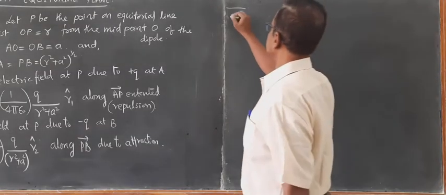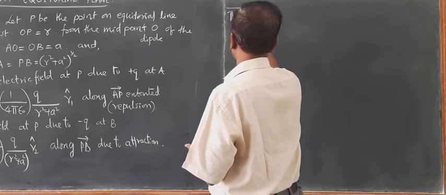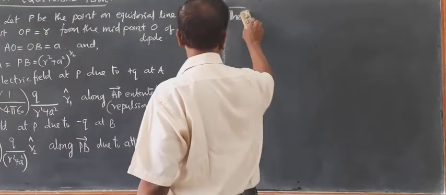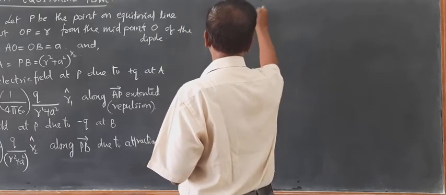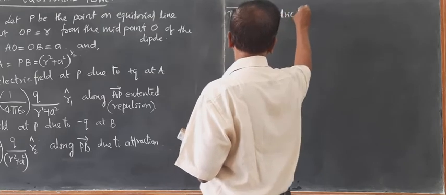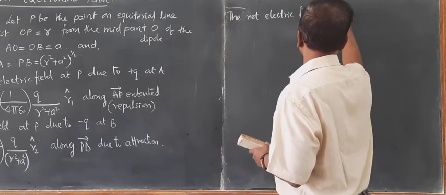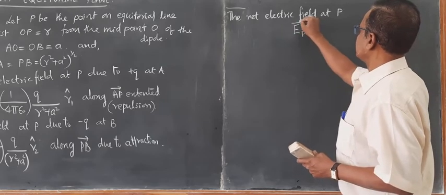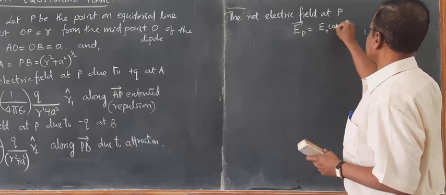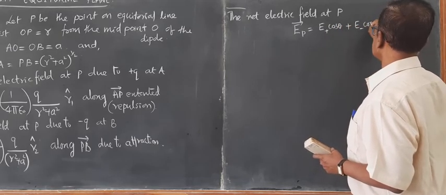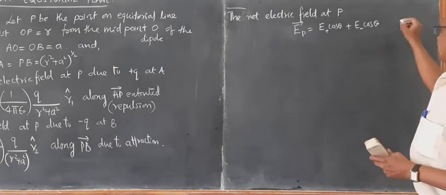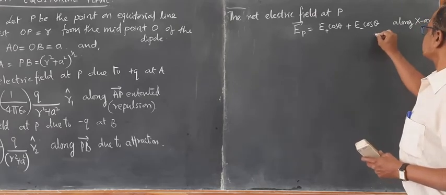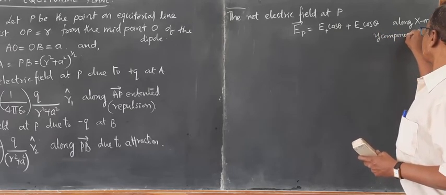Therefore, the net or resultant electric field at P, I will write it as EP, equal to E plus cos theta plus E minus cos theta along the x-axis. Y components cancel each other.